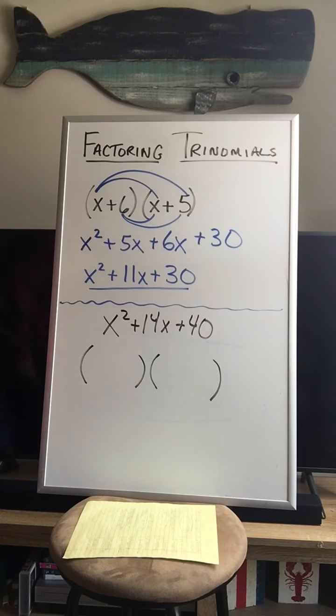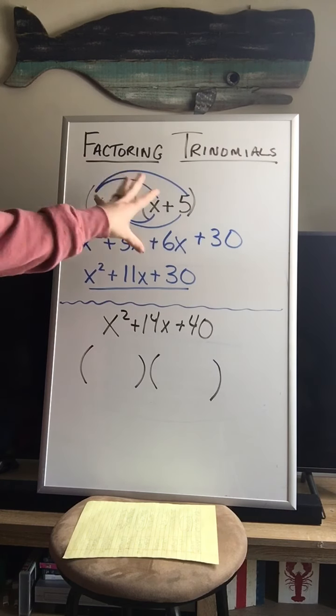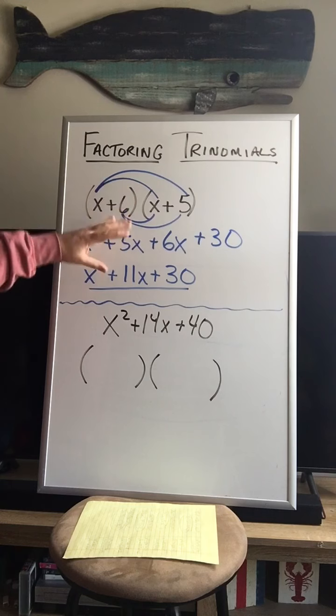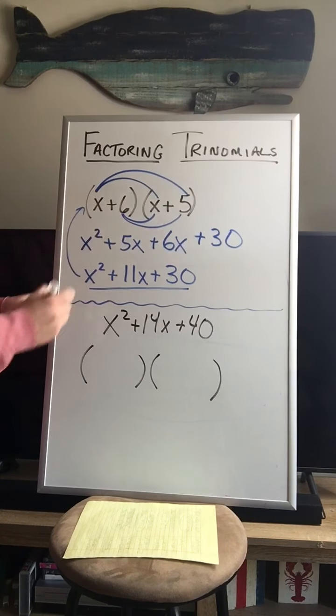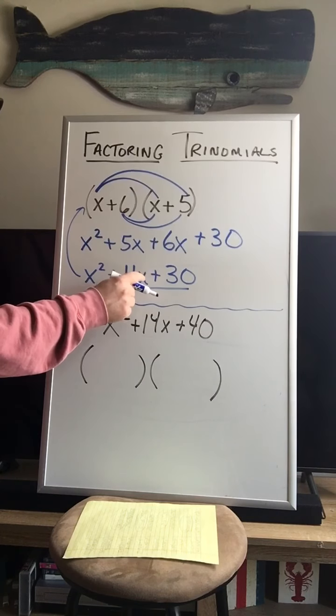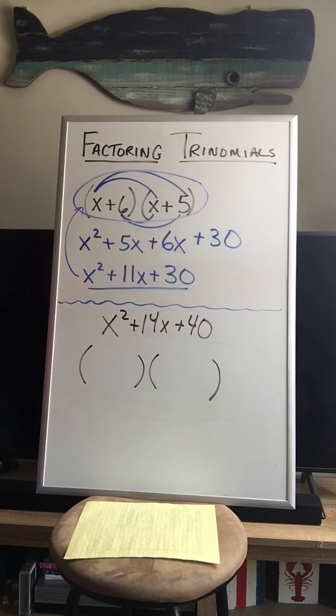So in effect, what I'm asking you to do is to reverse what we just did here. We already did this, where you multiply out the polynomial and get your final answer. Now I'm asking you to go the other direction. I'm asking you to take a polynomial and factor it so that this is the answer. Well, how are we going to do that? Well, it's actually a lot easier than you think.